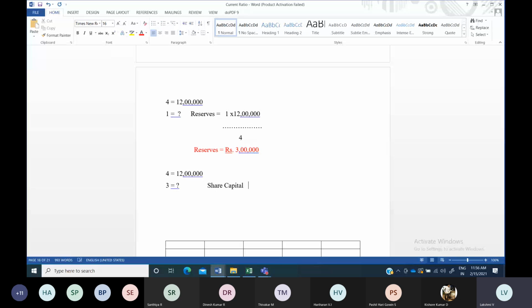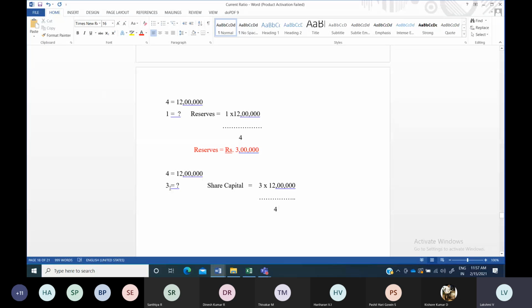So how to find out that? So 3 into 12 lakh divided by 4 will give you the share capital amount.